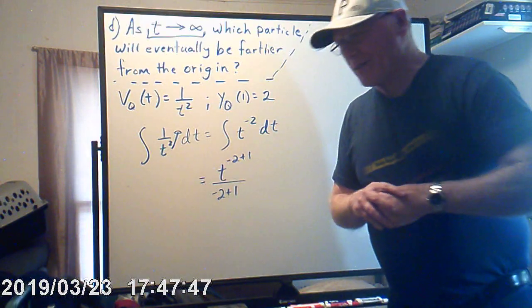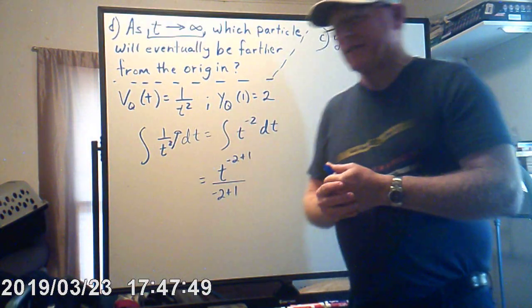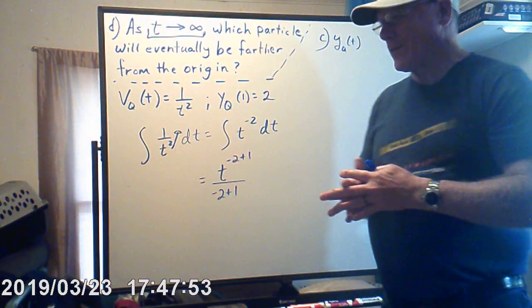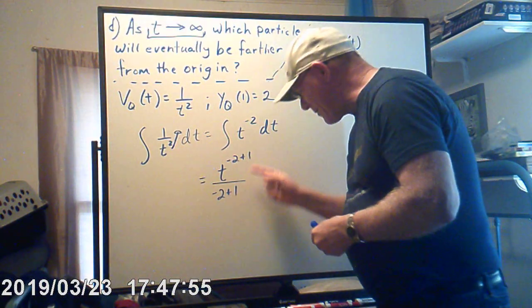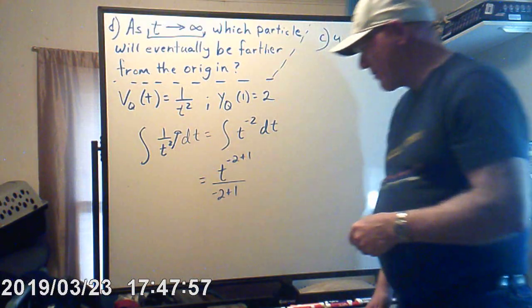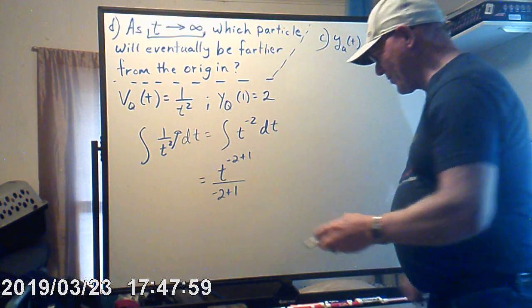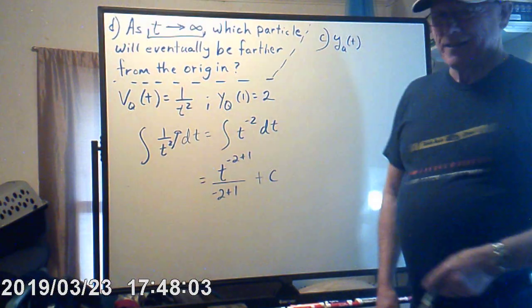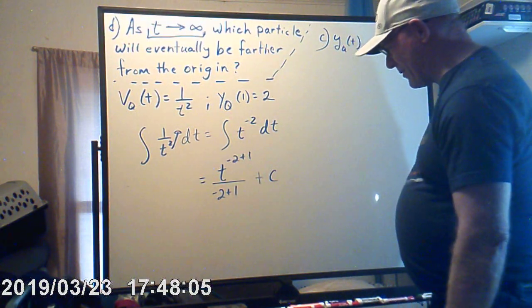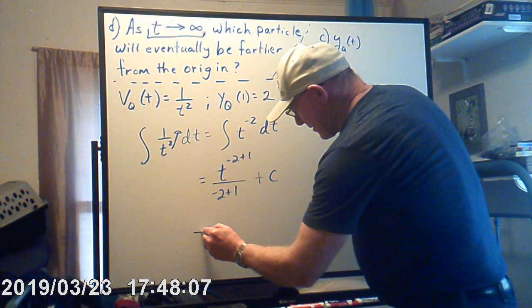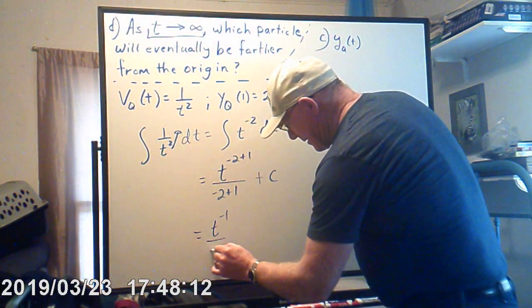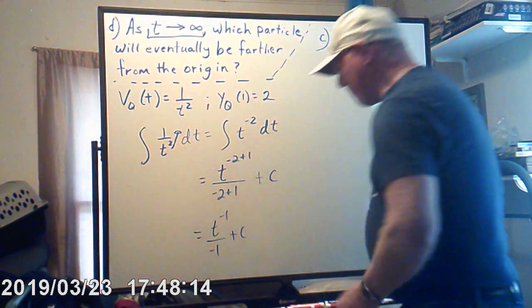There is a mock exam. If y'all still have those, you can get ready for the test. You got to remember these antiderivative rules, okay? And also remember there is a plus c there. So let's see here. This is t to the negative 2 plus 1, which is t to the negative 1 over negative 1 plus c.